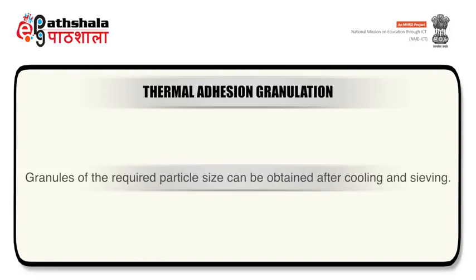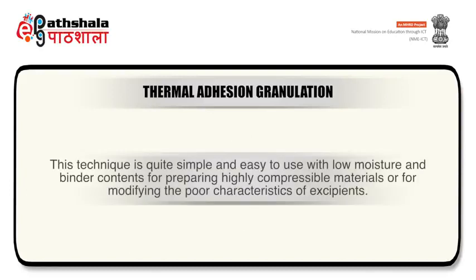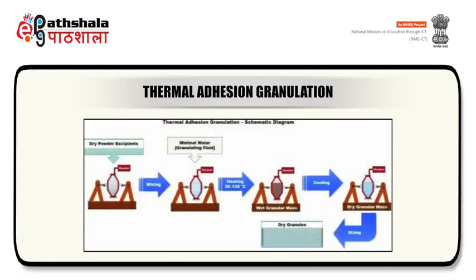Granules of the required particle size can be obtained after cooling and sieving. This technique is quite simple and easy to use, with low moisture and binder contents, for preparing highly compressible materials or for modifying the poor characteristics of excipients. Also refer to the schematic diagram.